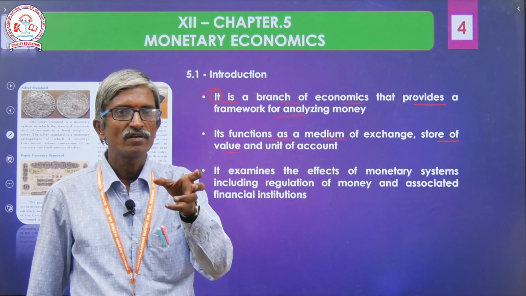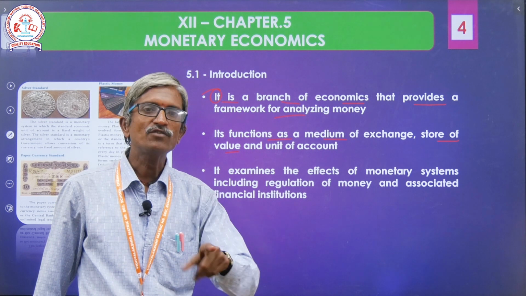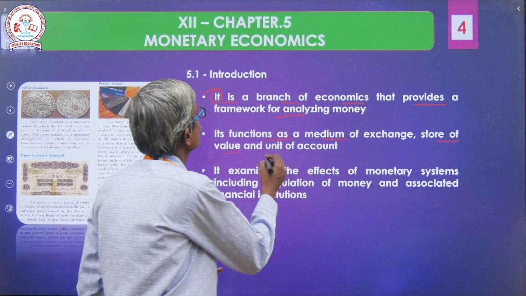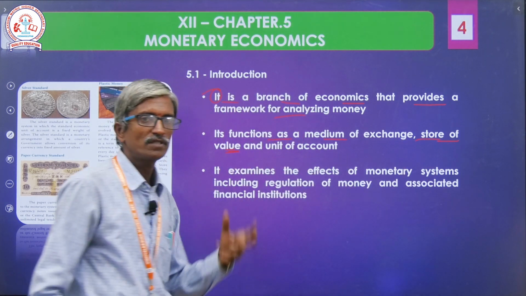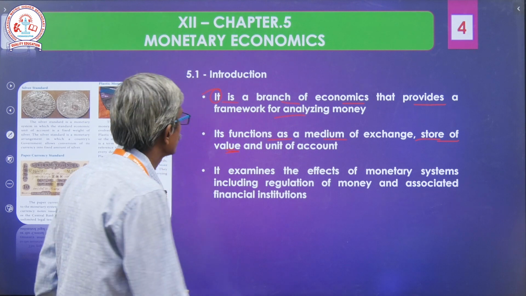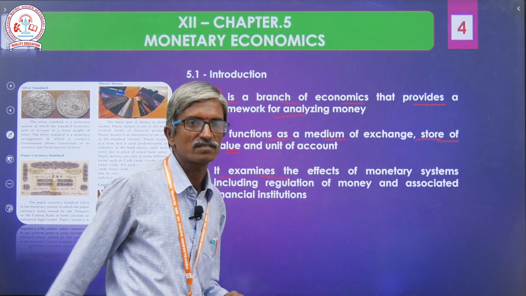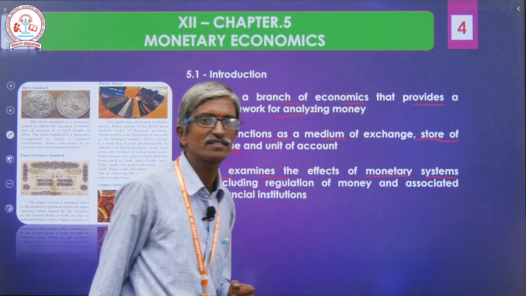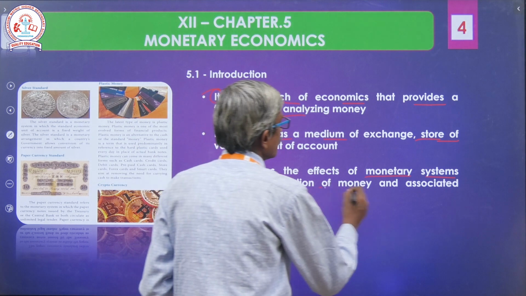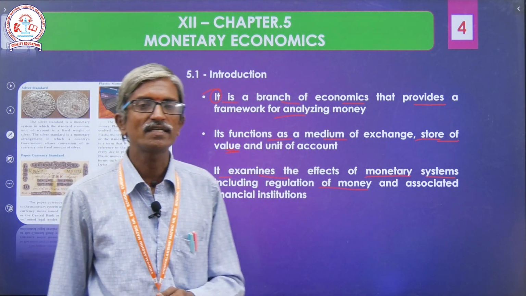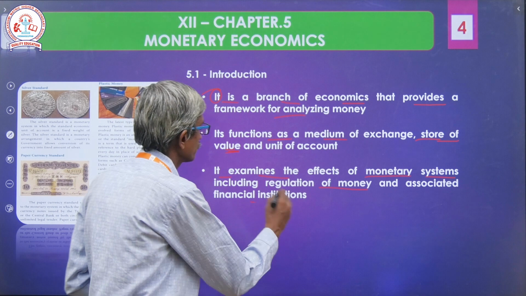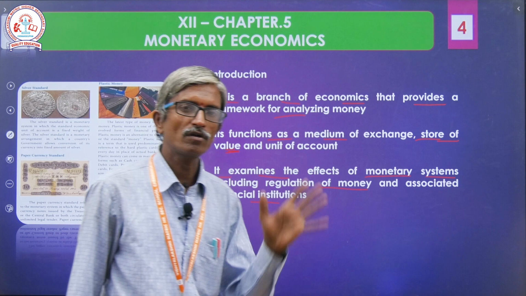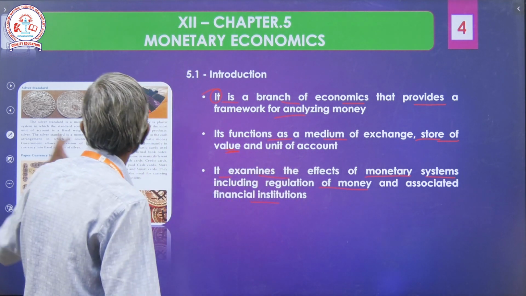How much we saved, 1 lakh rupees transformed to a car, maybe a bike, whatever it may be, it's an account. Then the next one is about the store. These are some of the very best examples. It examines and identifies the effects of monetary systems, the results, including regulation of money and associated financial institutions. Clear? The introduction may be asked in 2 mark also. We will go through the text.